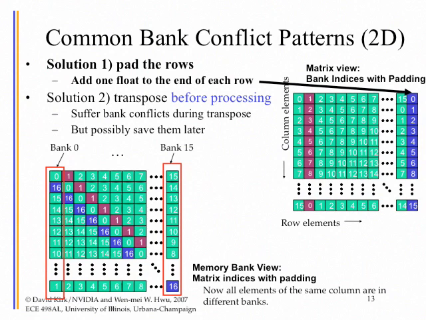But if you will end up doing multiple passes through your data in your computation, then it may be worthwhile to suffer once, and then you can be home free for all the subsequent iterations. So in general, this is one of the areas that will probably have some architectural change in the future.